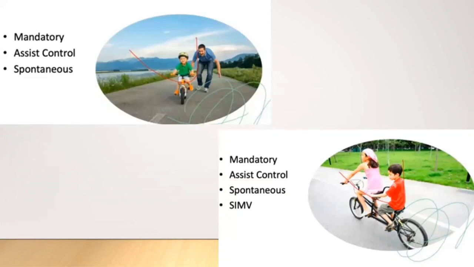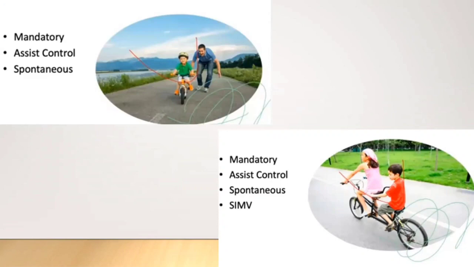This mode is used only in a conscious, alert, and breathing child, and is contraindicated in a deeply sedated or fatigued child. So spontaneous mode only if the child is conscious and is taking breaths. So a ventilator is there to support the child's breathing, but will not give a breath.